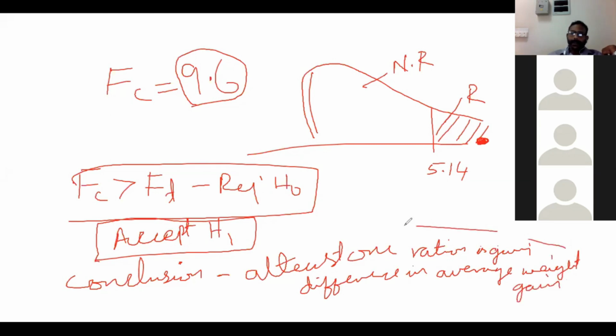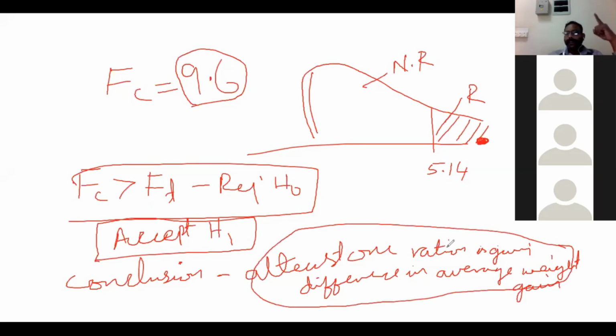So this is more important. Because we said at least one ration is showing a difference in weight gain, the next question comes: which ration? Somebody can ask which ration, isn't it?